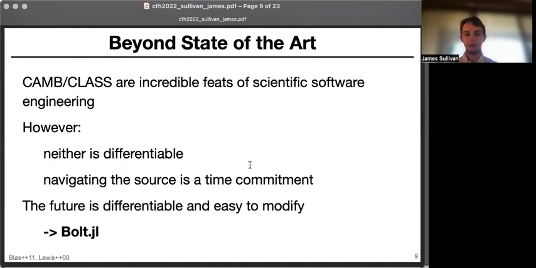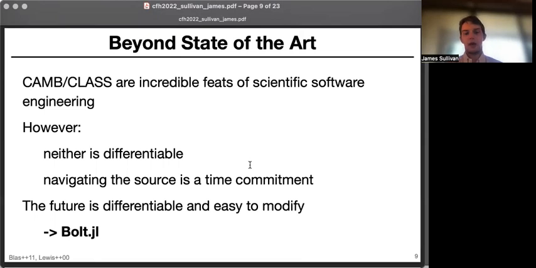And navigating the source code is a time commitment for these codes. These codes are well designed and usually pretty clear, but we think that there is a way to reduce the amount of time spent going through the source of these codes.